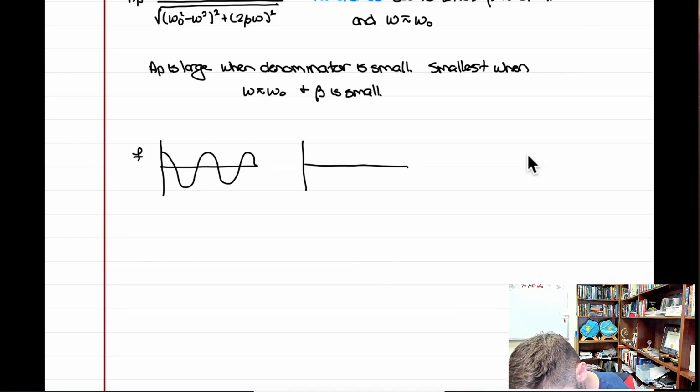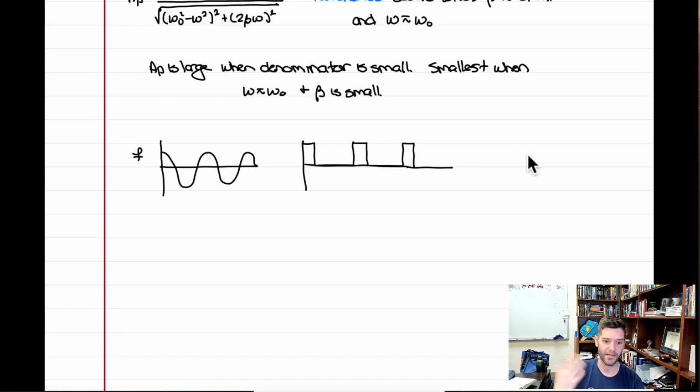Then when the kid comes back, you have a non-zero force, then it goes to zero. Non-zero force, then it goes to zero. That's a periodic oscillatory sort of motion, where the force is non-zero for a finite amount of time, but then it goes to zero.